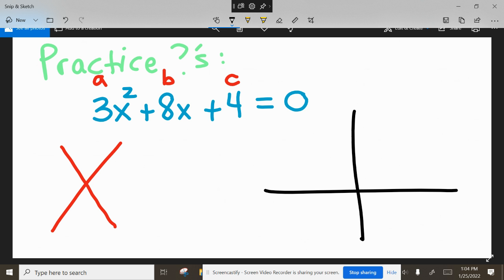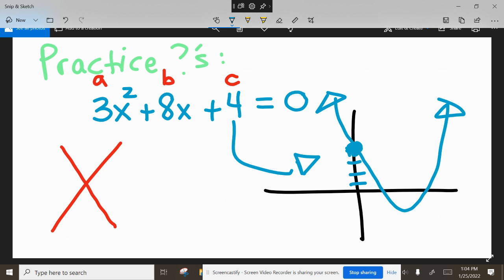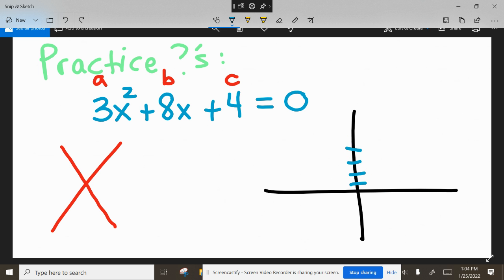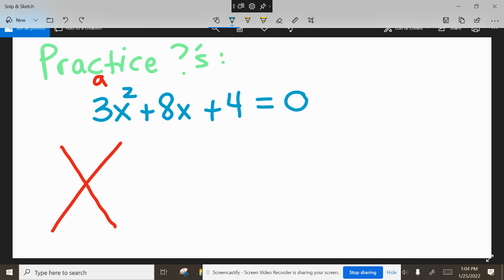So if this is your graph, and let's say 1, 2, 3, 4, it would cross at 4 on your graph. It would be a prettier graph than that. But that number tells you where it's going to cross. We're not doing that yet, but it's always good to give you a little pre-knowledge before we actually get into it.